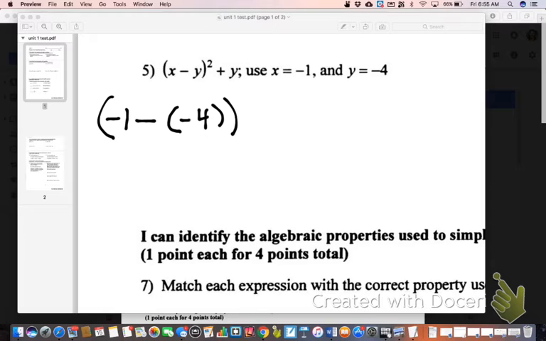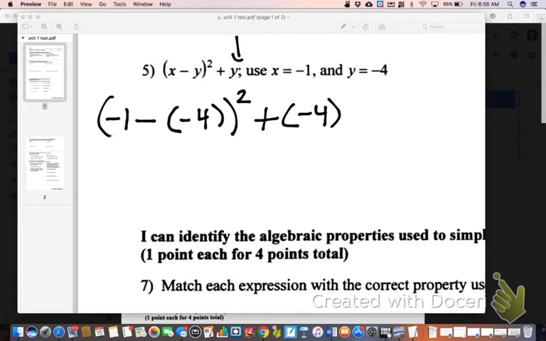So when I substitute everything into the parentheses, I've got a -1 in for x, and then a -4 in for y. So I should have -1 minus -4. The exponent is on the outside of the parentheses. And then what I also noticed a lot of you guys doing is that y'all just kind of forgot about this y that's hanging out here to the side.